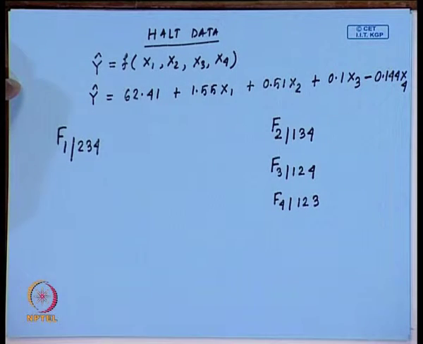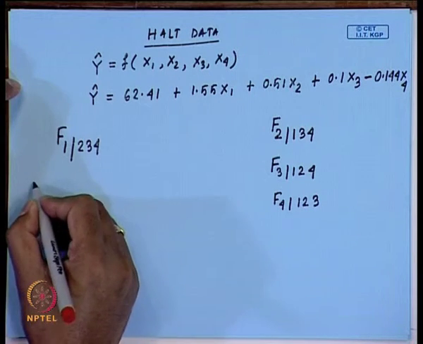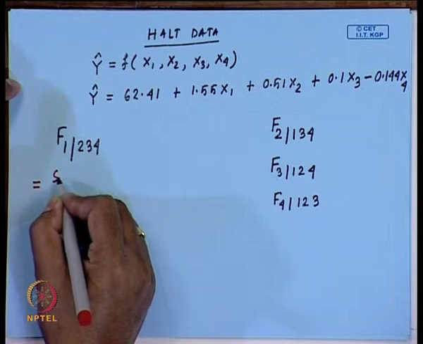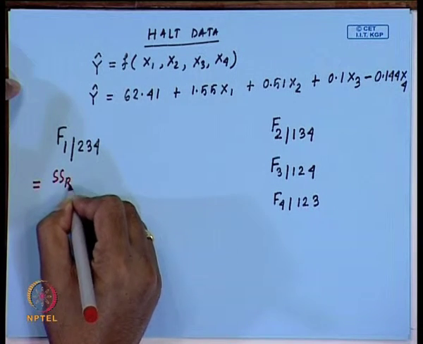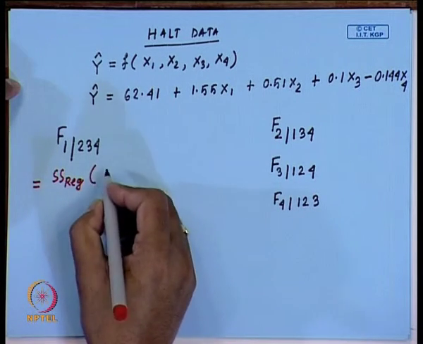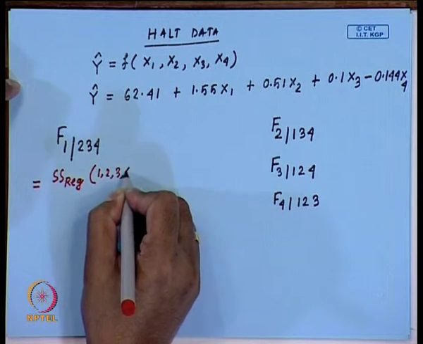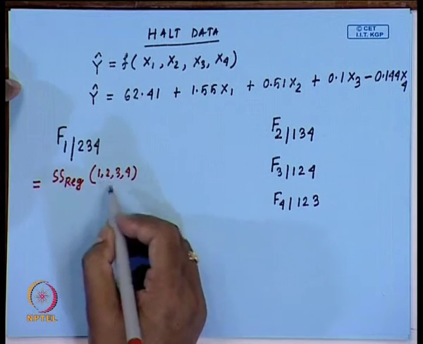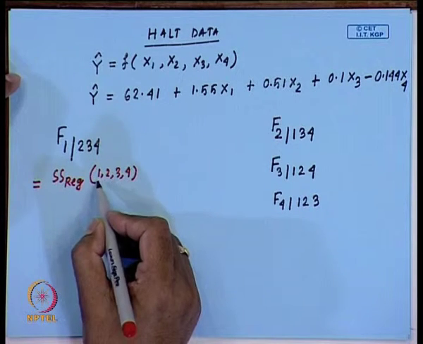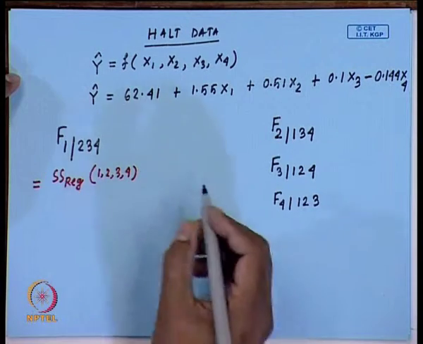So, this can be computed using, this is the value of this statistic. You compute SS regression for the full model. So, I will use some other notation like 1, 2, 3, 4, that is my full model, because there are only 4 regressors in the problem, and by 1, 2, 3, 4 I mean that all the 4 regressors x1, x2, x3 and x4 are in the model.